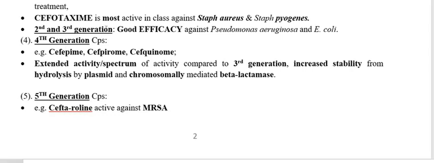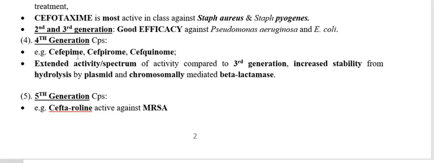But when you move to the fourth generation cephalosporin, you find the interesting property that the fourth generation not only possesses better antibacterial activity against gram negative bacteria, but also has better activity against gram positive bacteria than the first, second and third generation cephalosporins. So this is very important.